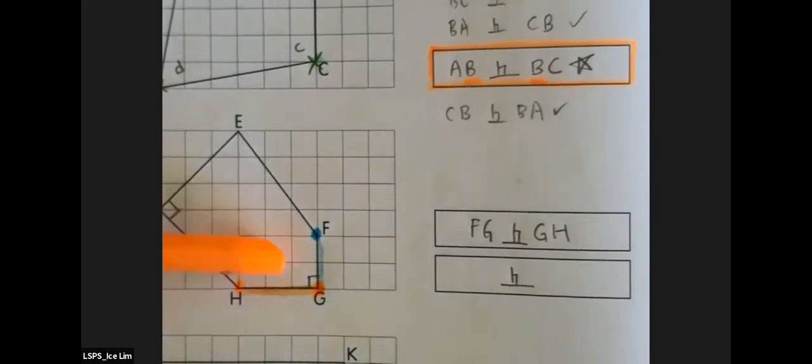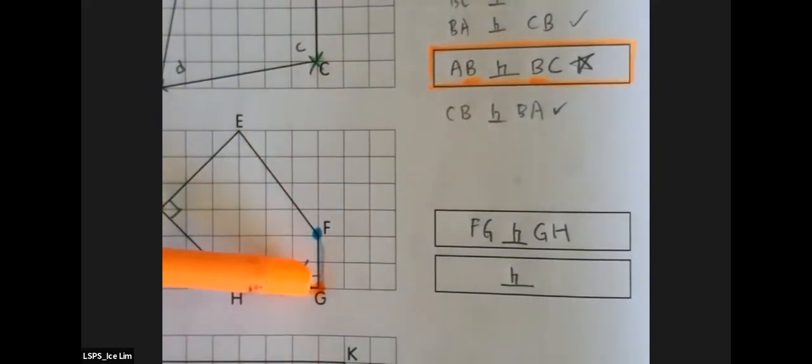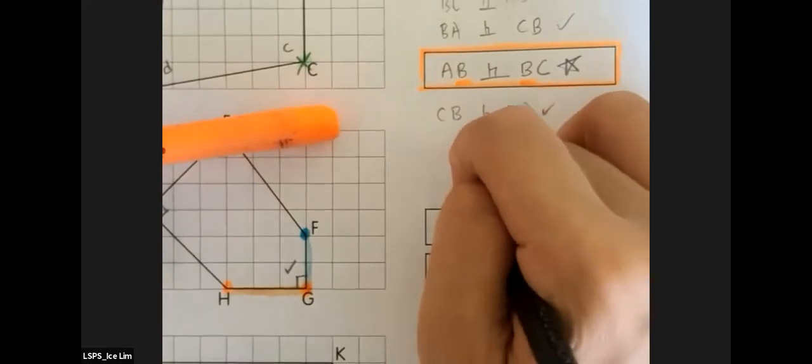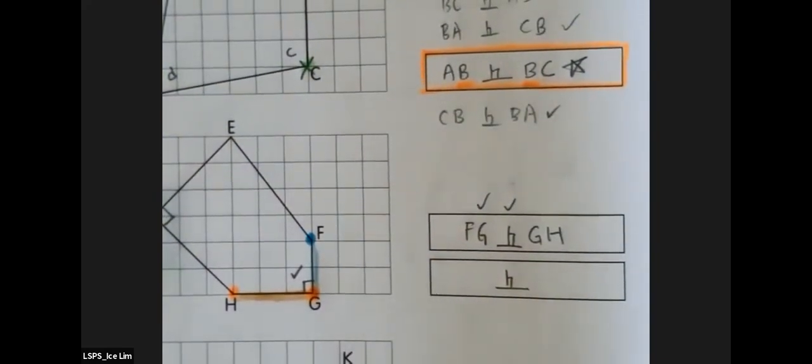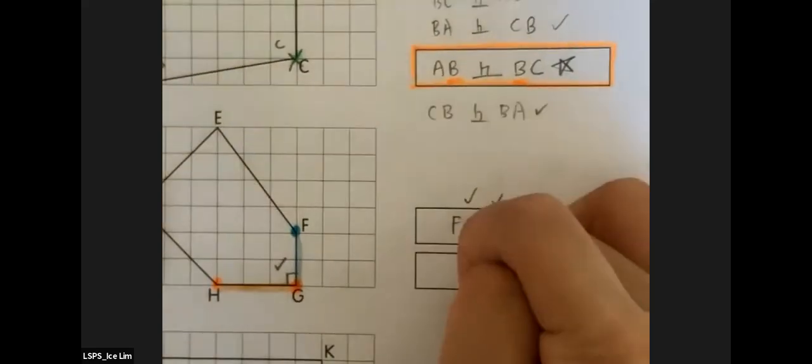I make sure I check my right angle, check. I mark out the right angle, name with capital letters, and I have the symbol here. Is that okay?